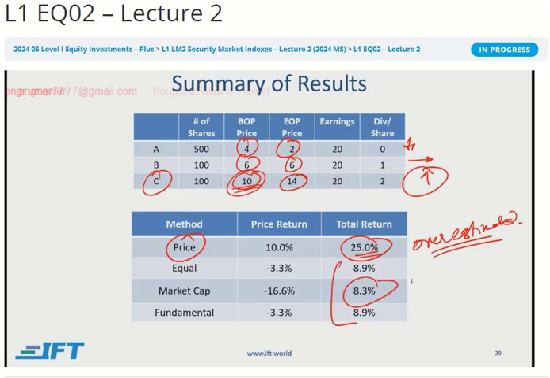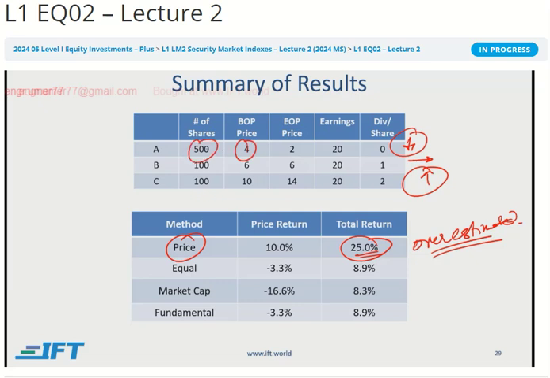And why is market cap understating the return compared to your equal and fundamental? Well, obviously because market cap is giving a higher weight to the stock which is going down. And why is it giving a higher weight to the stock which is going down? Because the market cap is bigger, right?